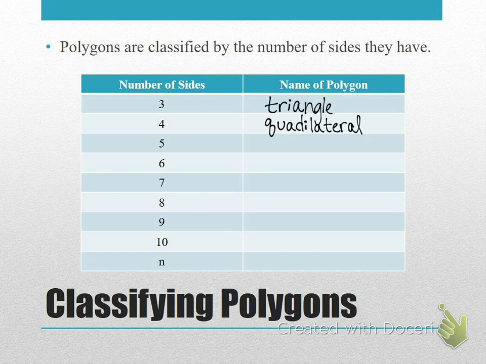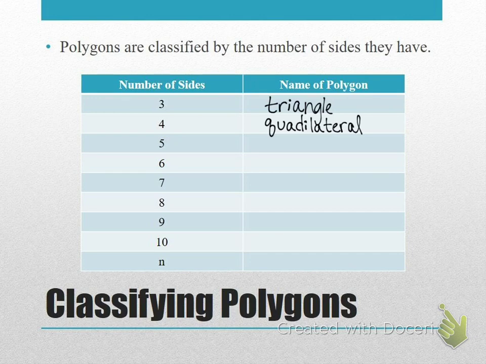As we go through this chapter, you will learn about many different types of quadrilaterals, including squares, rectangles, rhombuses. But if you don't know any of the defining features of it, you don't know if it's a square or a rectangle or just some generic quadrilateral.